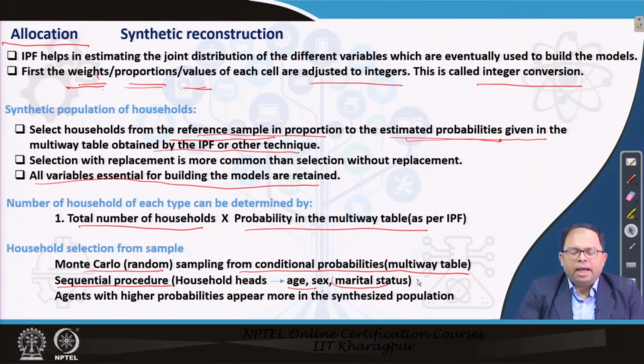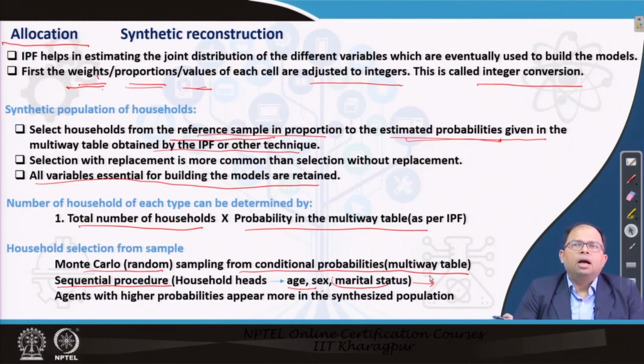One problem is, if we do the same selection by saying marital status, then age and then sex, or we change the order to sex, age and marital status, then the results may vary. So this sequence also plays a role. Usually we will follow a sequence which is based on the decision criteria in which that particular synthetic population is drawn for a particular model.